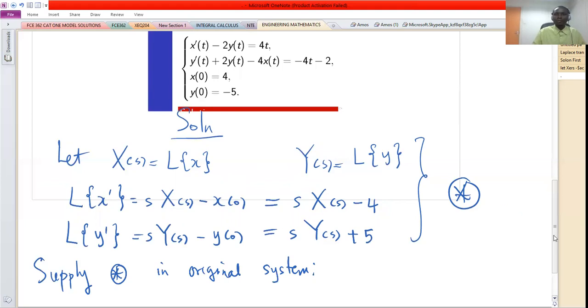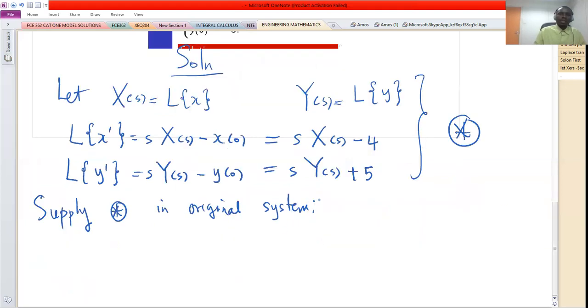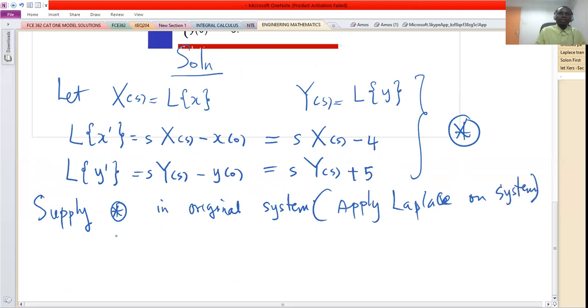That is the same thing as saying apply Laplace on the system, i.e. this is what I mean.